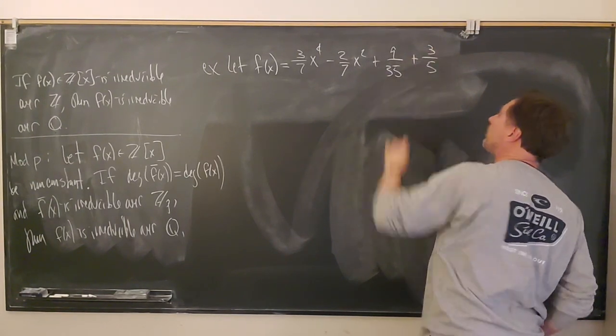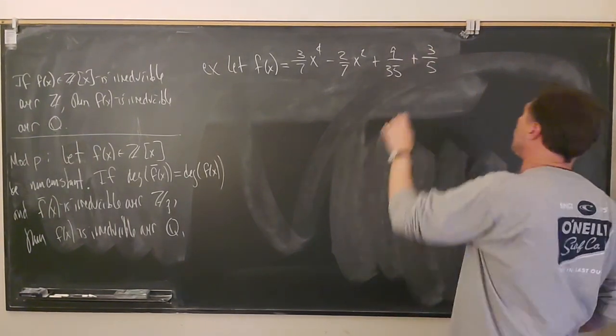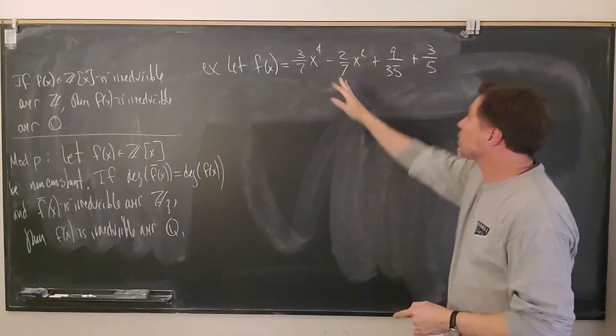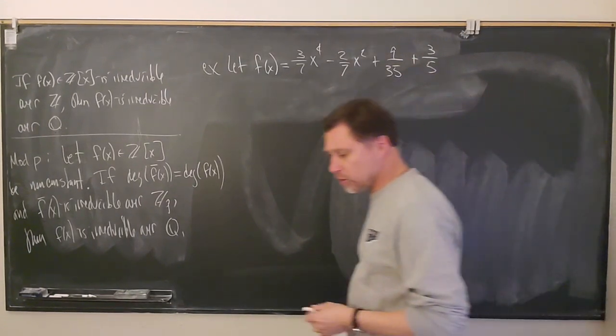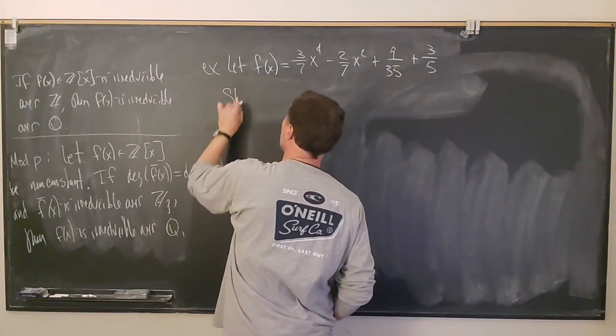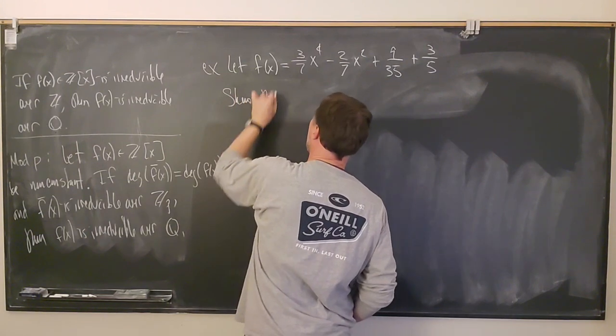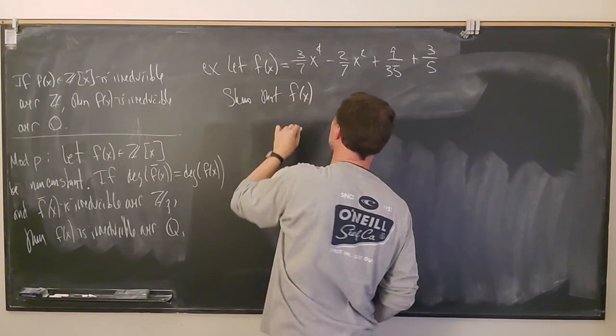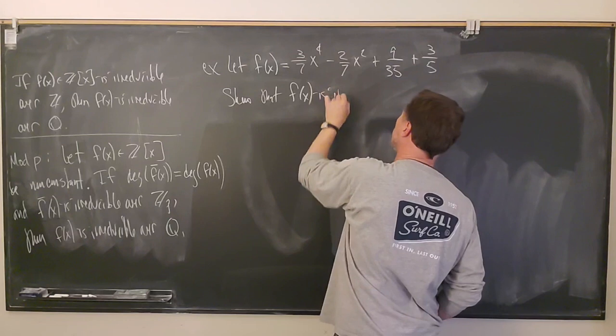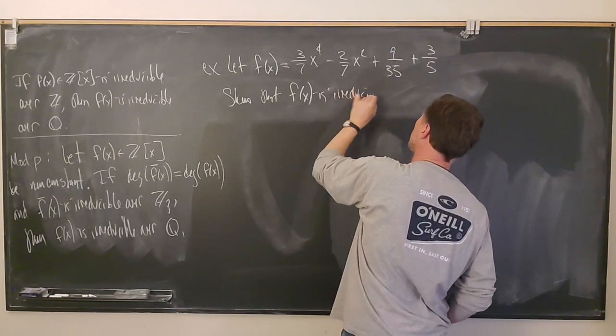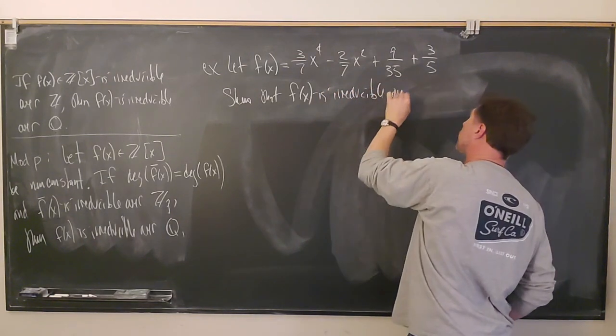Here we have a polynomial with rational coefficients, and what I want to show is that f of x is irreducible over Q.